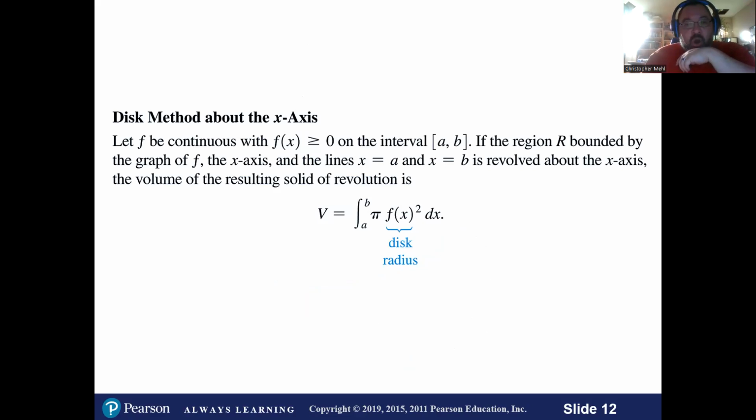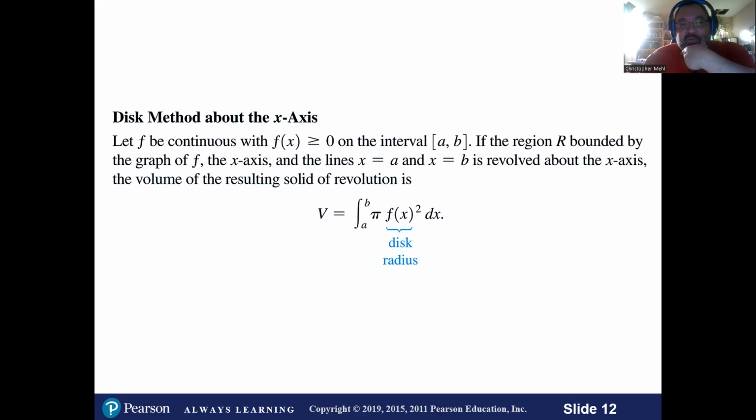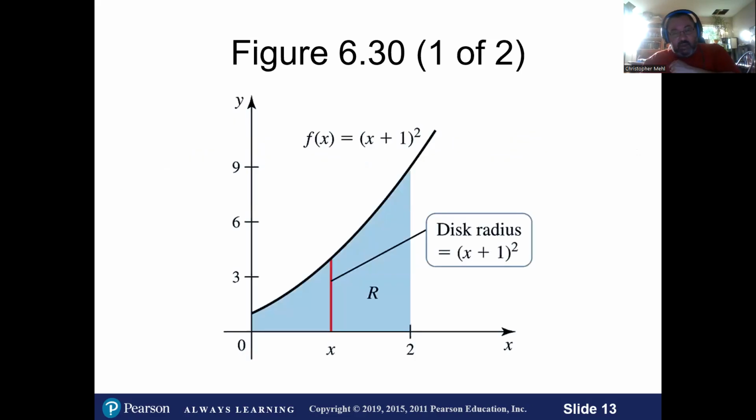The region R is bounded by the graph of f, the x-axis, the lines x equals a and b, like this diagram here, region R. And we revolve that region about the x-axis. The volume of the resulting solid of revolution is the integral from a to b of pi times the radius of that disk, which is f of x squared dx.